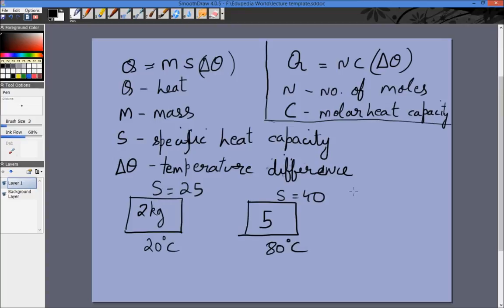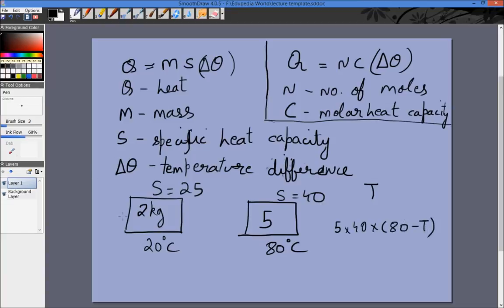So let's say the final equilibrium temperature is T. That means the heat given out by this hot object would be mass multiplied by specific heat multiplied by 80 minus T. Right, final temperature is T, initial temperature is 80, temperature decreases, so it must give off heat.